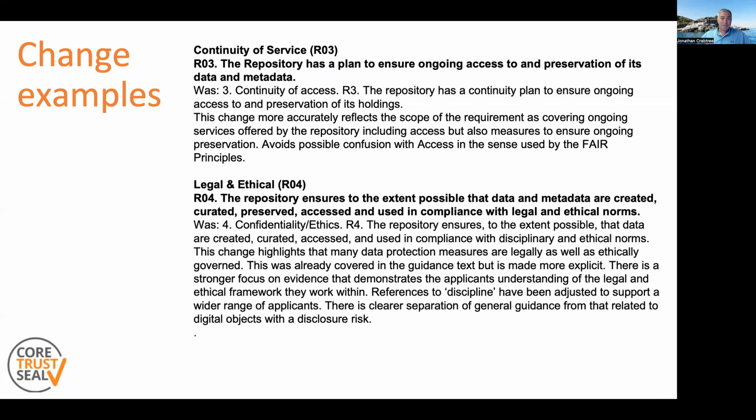And it avoids that confusion that we also often have with access in the same sense of the FAIR principles, which are very similar, but our access is a little more broad than that, and how we're going to continue service of the archive itself into the future.